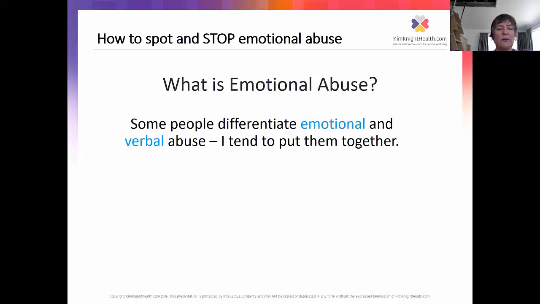People who call it verbal abuse tend to say that it's because somebody is using words to verbally abuse. But if somebody does that, it is a form of emotional abuse because of how we feel about the words that are being spoken to us. So I tend to put the two together and I just call it emotional abuse.